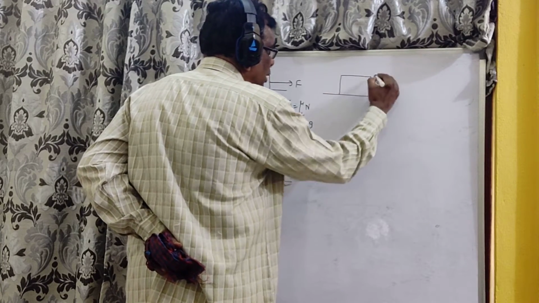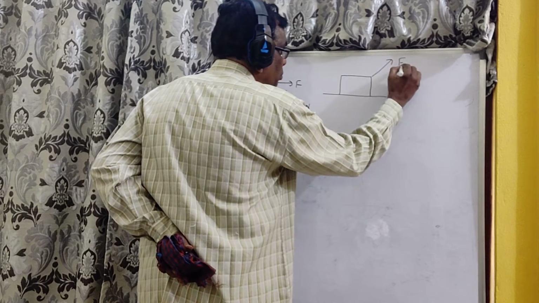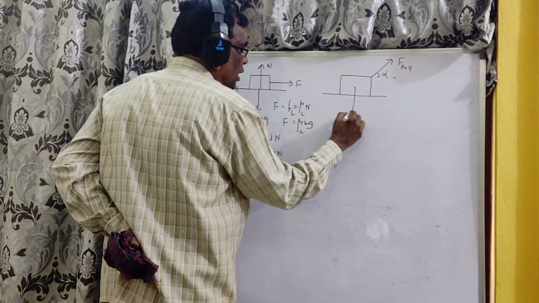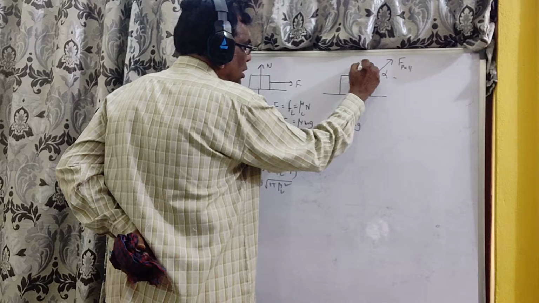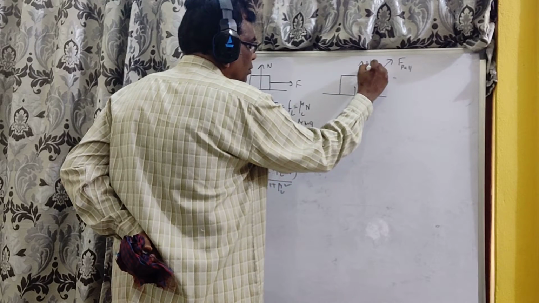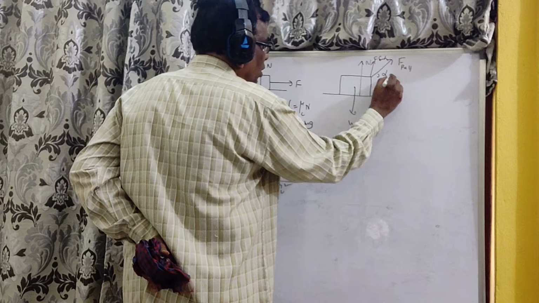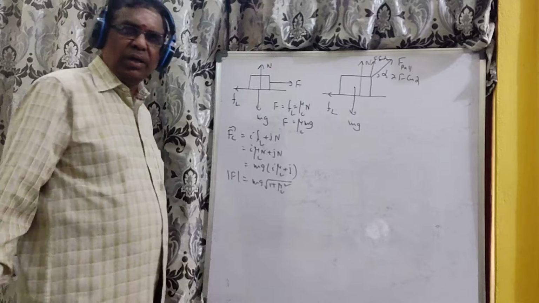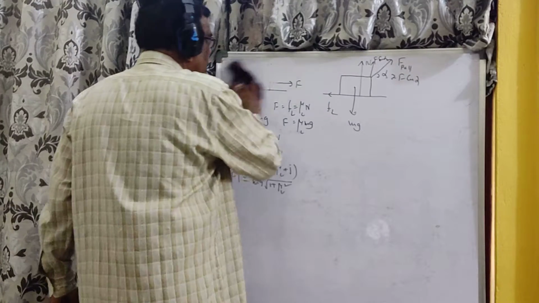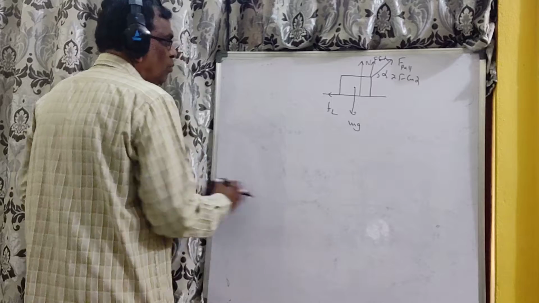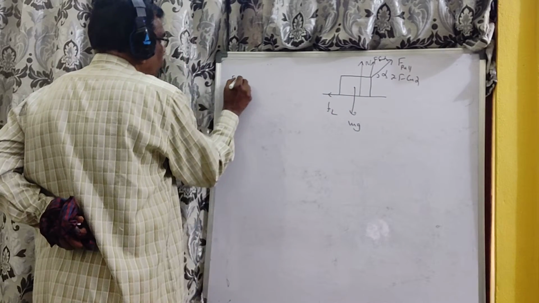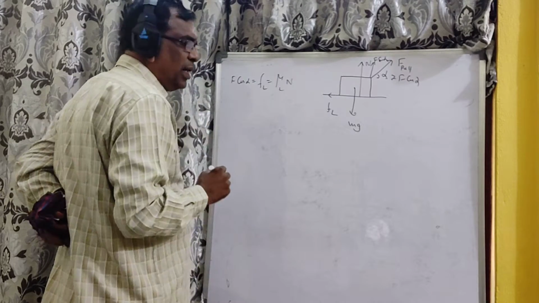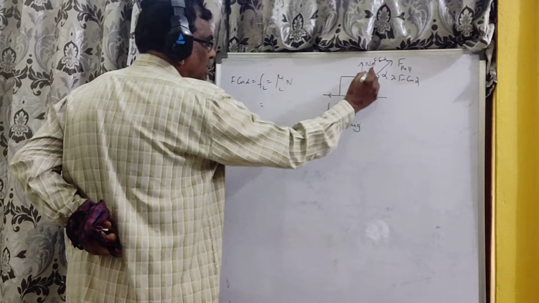Same, but this time I am pulling at an angle alpha. As before, mg, N, that is F sin alpha, this is F cos alpha, about to move, therefore FL. So, what do you get? F cos alpha is FL, FL is mu Ln, and what is N here?